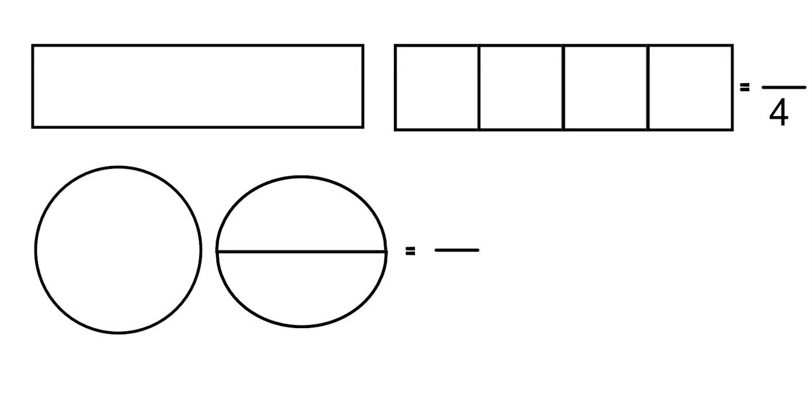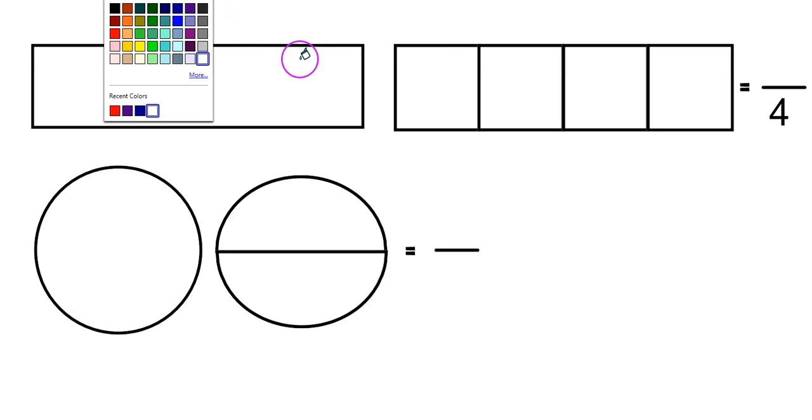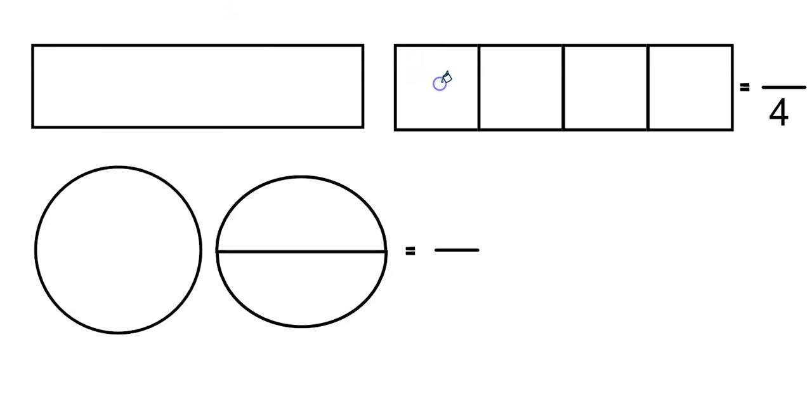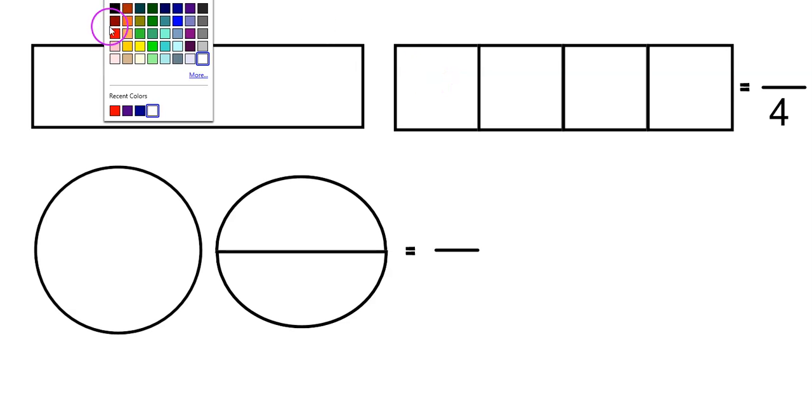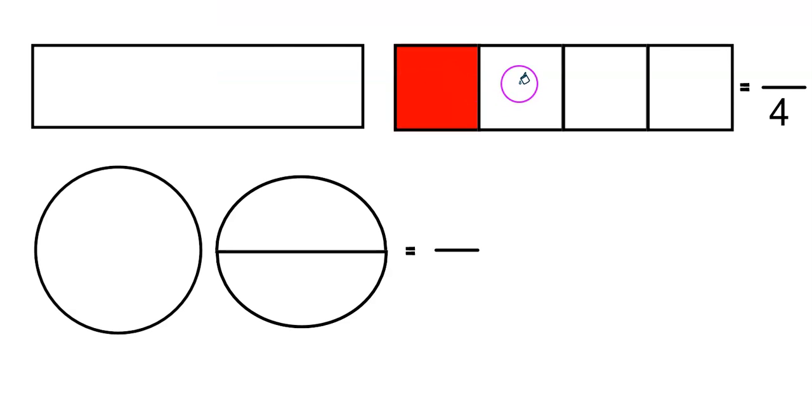Now let's say I am going to shade in, see here, I have to pick a different color. Let's say I'm going to shade in that part of my rectangle. So to figure out the numerator, I am going to count how many of those 4 equal parts I colored in, or how many are being represented.